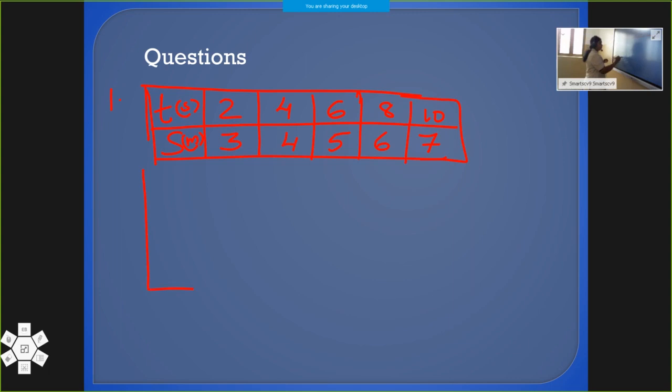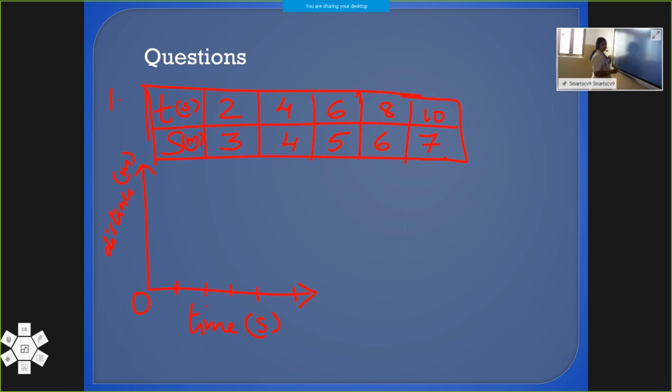So how will you draw? First you have to draw the x and y axis, then the origin, then time in seconds along the x-axis and distance in meter along the y-axis. Then you have to mark it in your notebook itself, no need of graph paper.